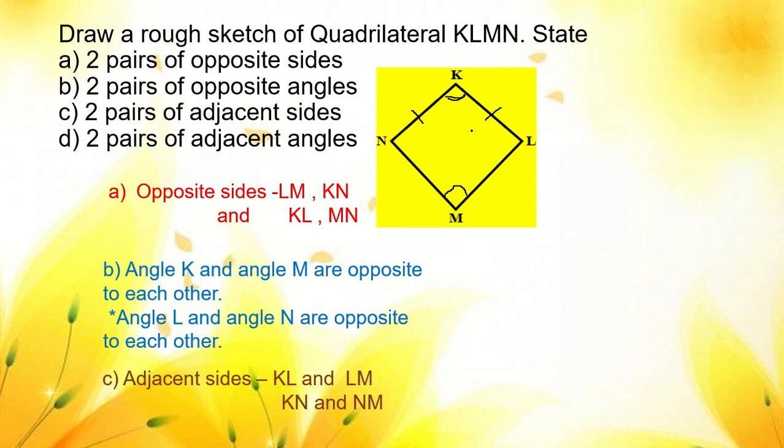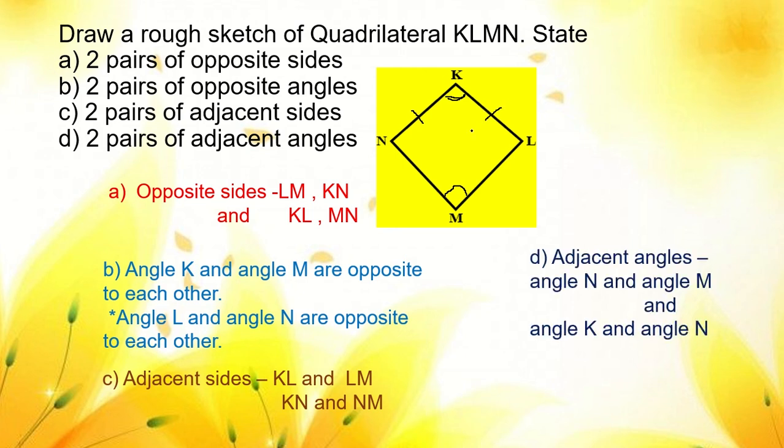Okay, so I have written angle N and angle M. Both are adjacent. Similarly, angle K and angle N. Both are adjacent to each other. You can write angle M is adjacent to angle L and angle L is adjacent to K. It is also correct. I hope you have understood this topic.